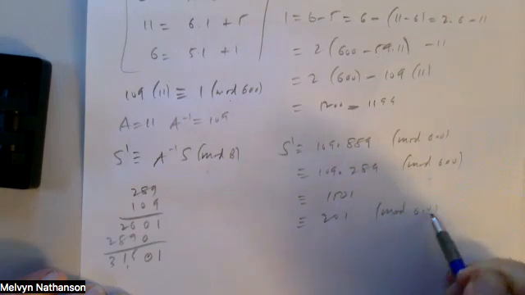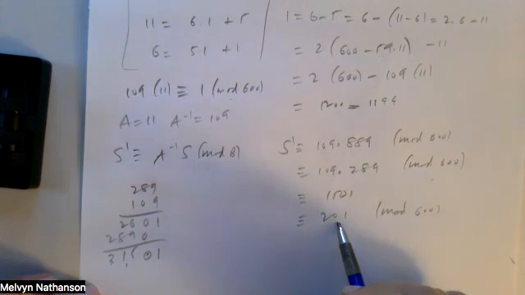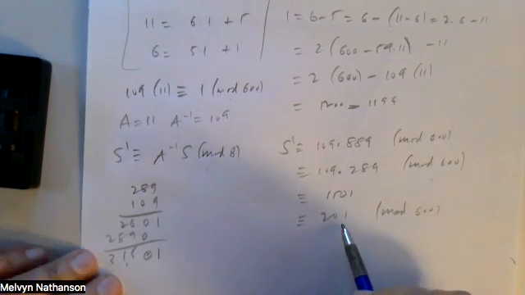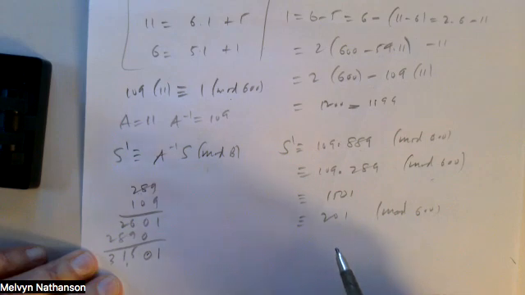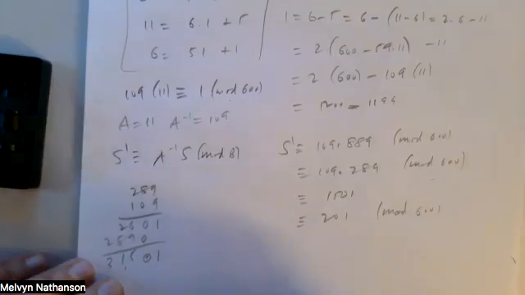Mod 600. Now, let's see if this is correct. So I have S prime is 201, and I want to write 201 as a subset sum of the super increasing sequence R. And I can see right away that I made a mistake somewhere.